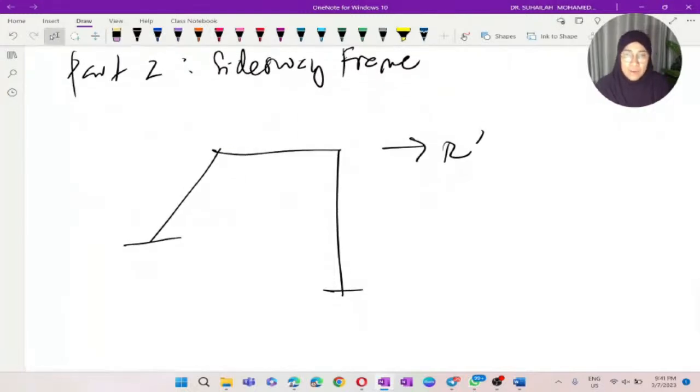So we will assume FEM for member AB, and we will use the value that we assume to calculate FEM for BC and CD using ratio.